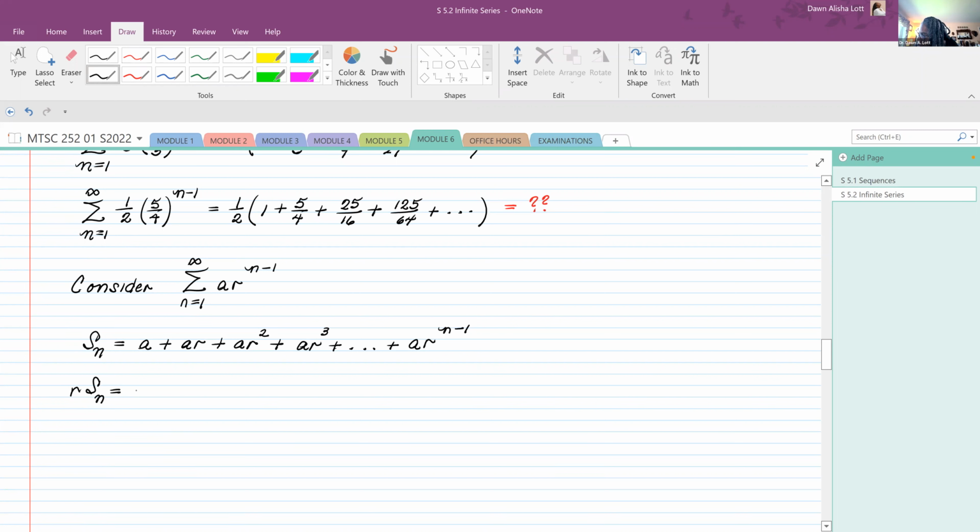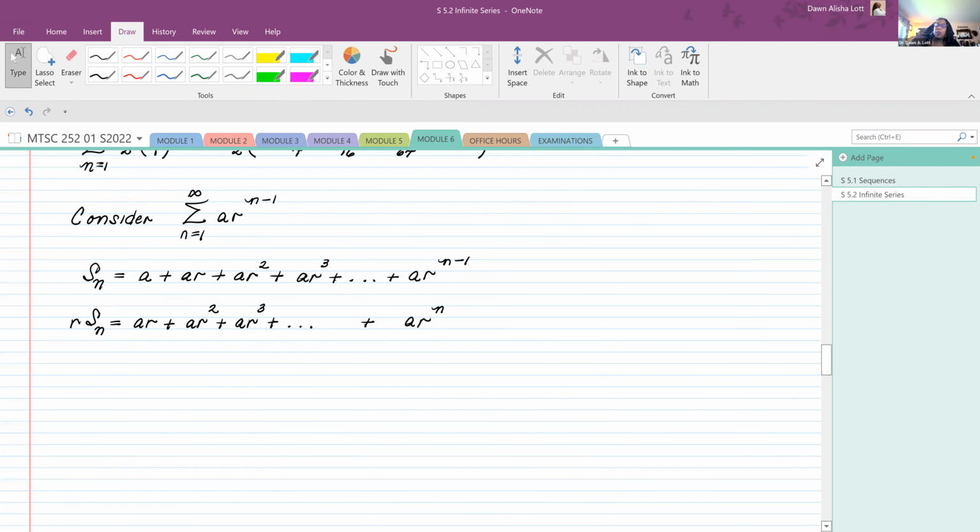And this is going to give me ar plus ar squared plus ar cubed plus dot dot dot all the way up until I get ar to the n. And now what I would like to do is take Sn minus r times Sn. So that is going to give me this.